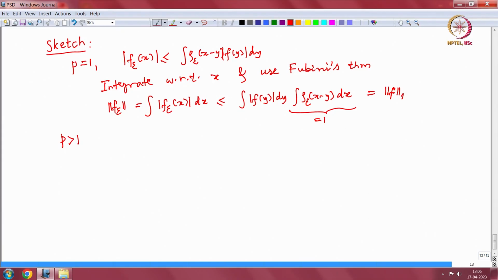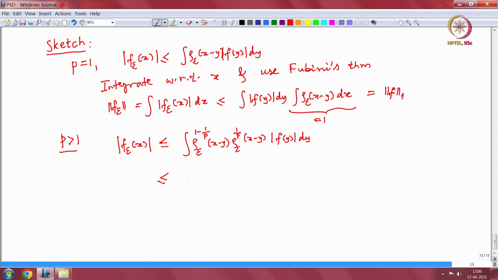So f_epsilon(x): since rho_epsilon is a positive function, I write it as rho_epsilon(x minus y) to the power 1 minus 1 by p, times rho_epsilon(x minus y) to the power 1 by p, times |f(y)|.